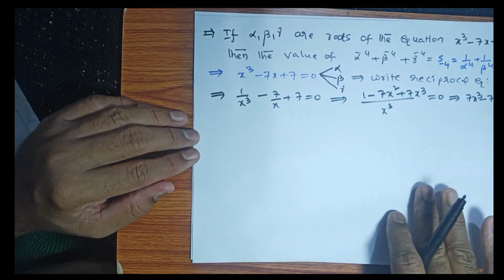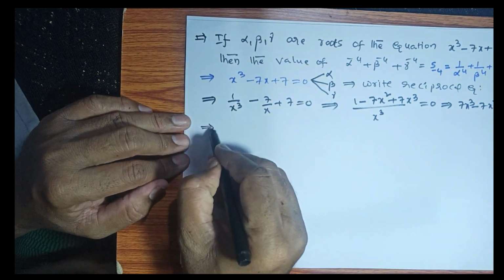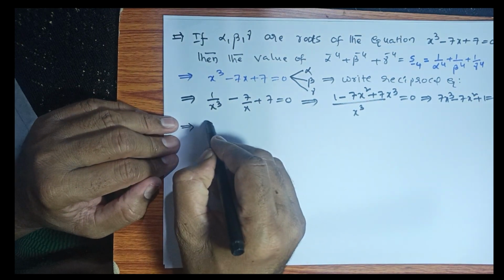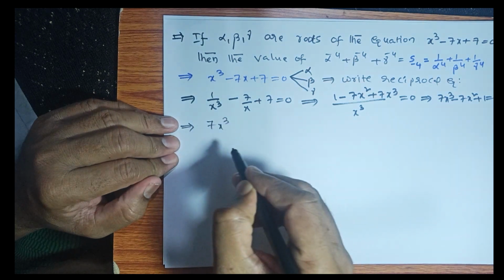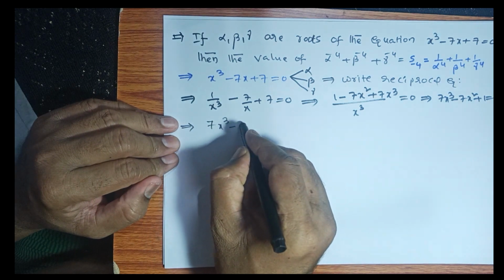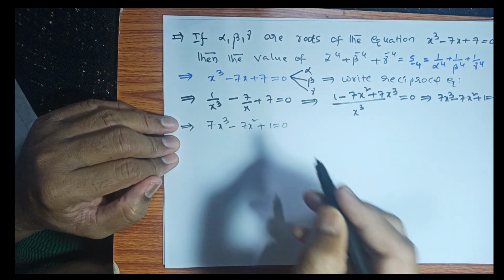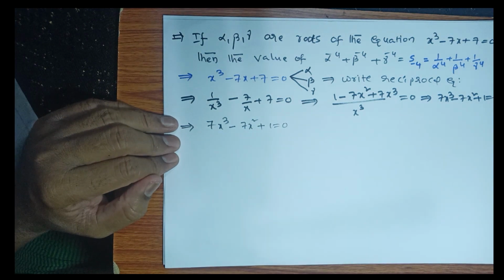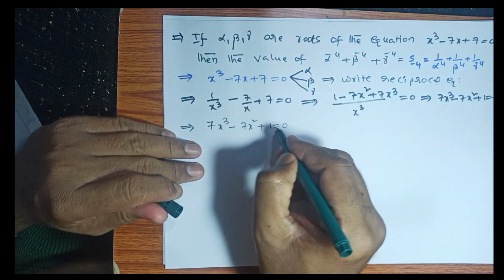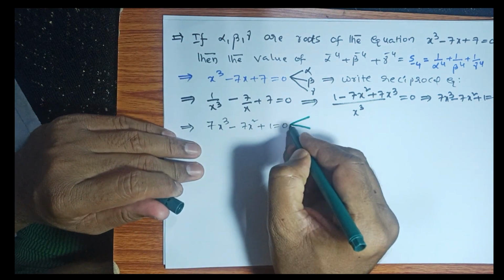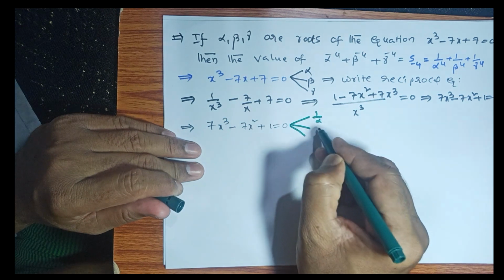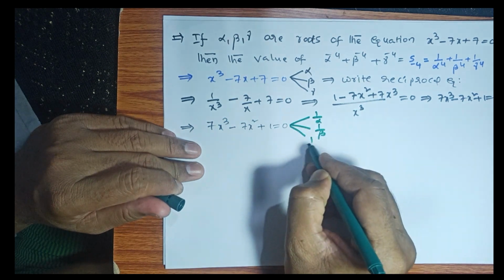The reciprocal equation you got is 7x cube minus 7x square plus 1 is equal to 0. The roots of this equation will be 1 by alpha, 1 by beta, 1 by gamma.